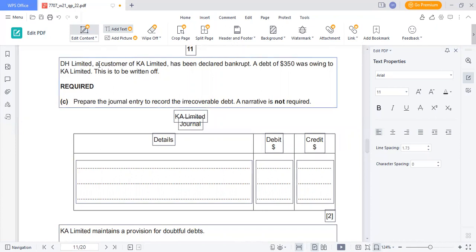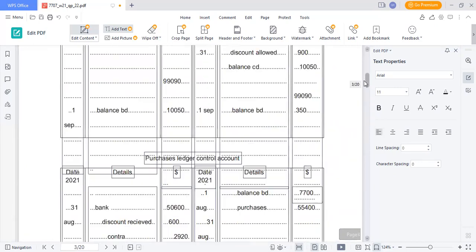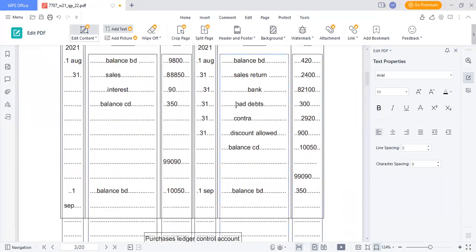Part C: DH Limited, a customer of KA Limited, has been declared bankrupt. A debt of 350 was owing to KA Limited. This is to be written off. As we have made control accounts in part A, question 1, and in it the bad debt was on the credit side.